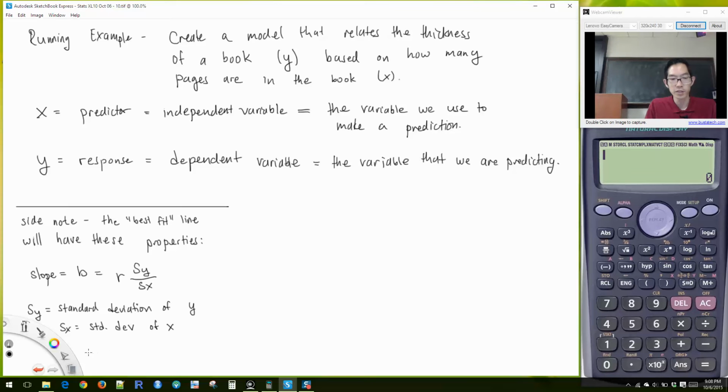And the intercept, yeah, I'm going to run out of space here. A is going to be equal to y bar minus b times x bar, okay? Y bar is the mean of y, the mean of the y values.